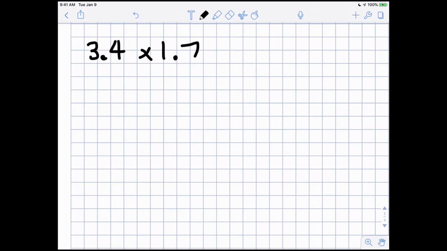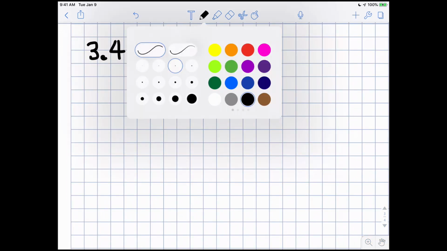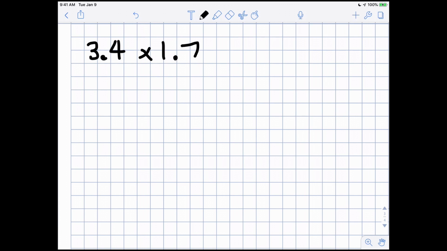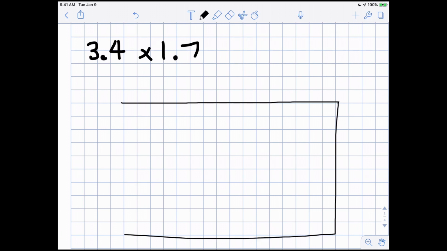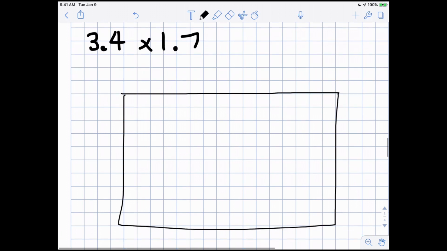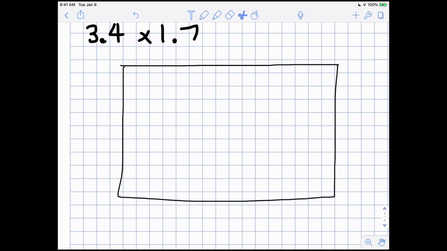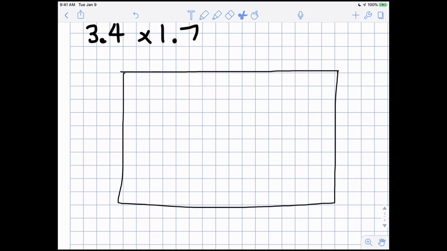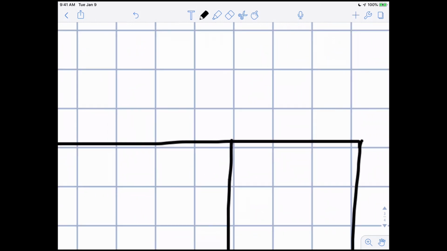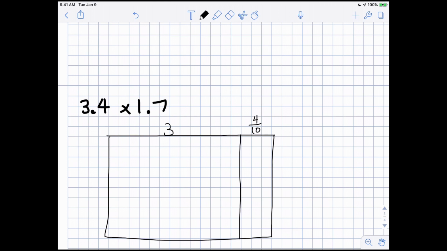3.4 times 1.7. So what does that look like? What is that going to be? That's going to be a rectangle going across, and it's a rectangle going down. So here is my pretend rectangle. I'm not trying to draw it accurately. That rectangle is going to be 3 units across plus 4/10, and I'm going to write it like this, 4/10 across.